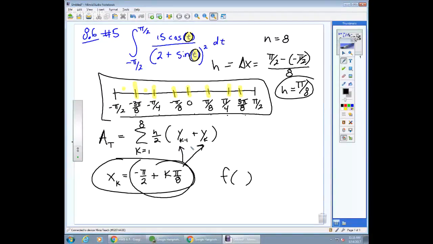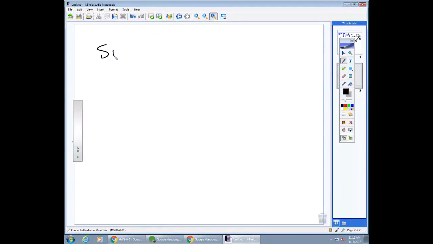So to enter this in some other kind of program that does sums for me, it would look something like this: sum, or maybe we have the Riemann sum. We still have to have our h, pi over 8 over 2. And then we would have the cosine, we start off with cosine, sorry. 15 times the cosine of our x values, and all our x values look like this.